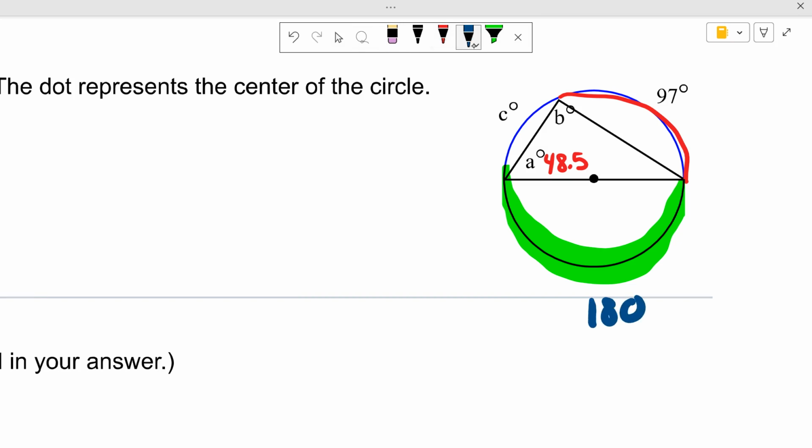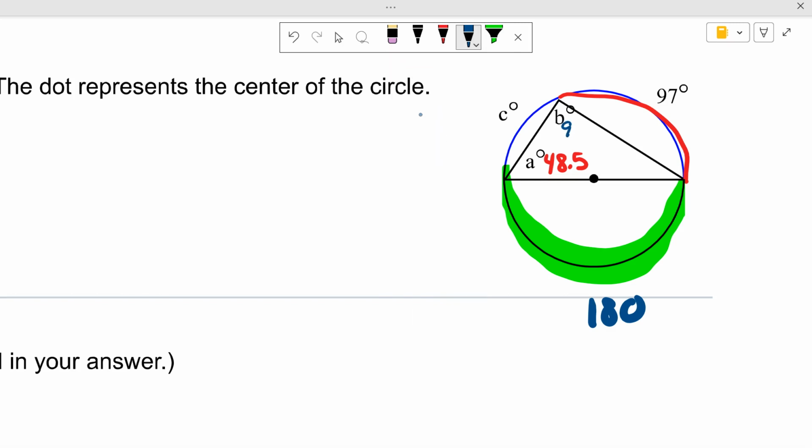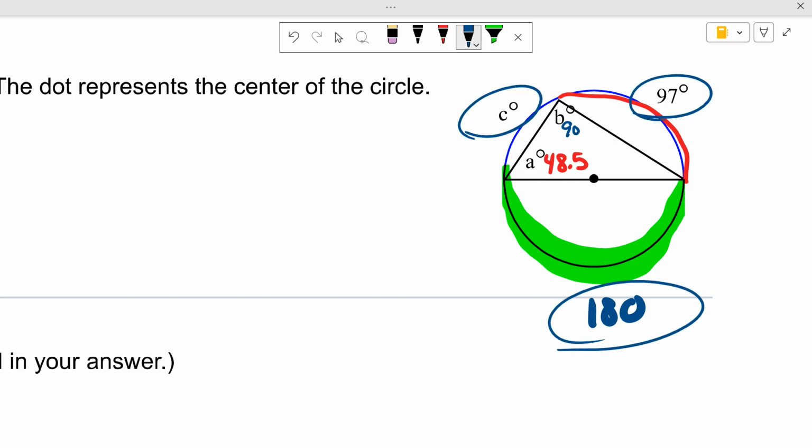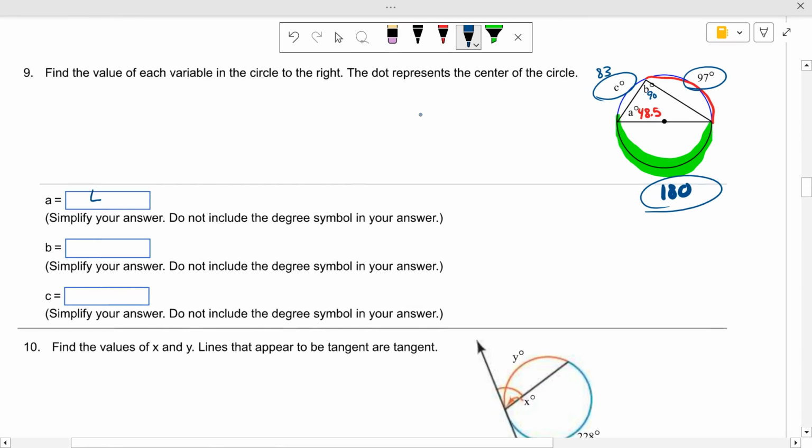So what's half of 180? 90 for that, because half of 180. And then, if this is 180 and this is 97, what's left for C? 83. So A is 48.5, B is 90, and C is 83.